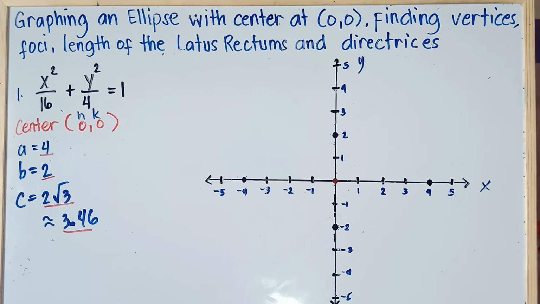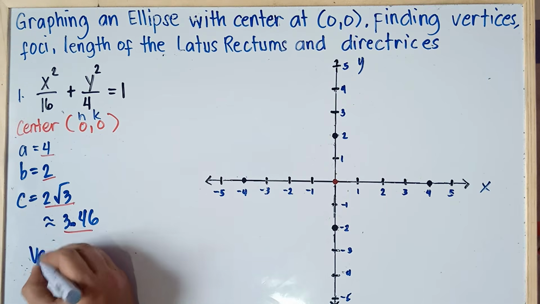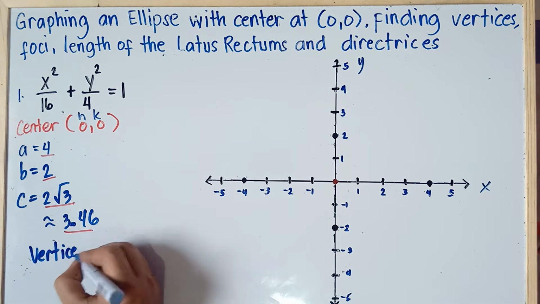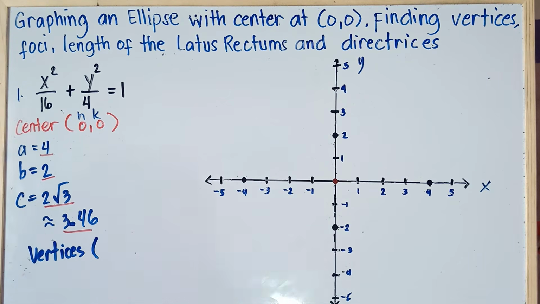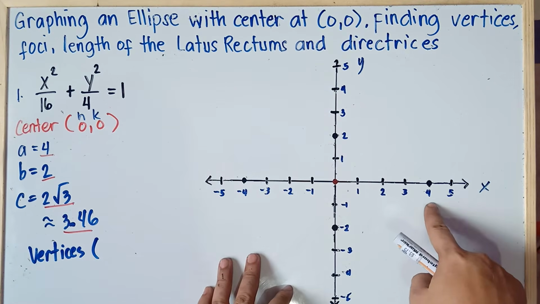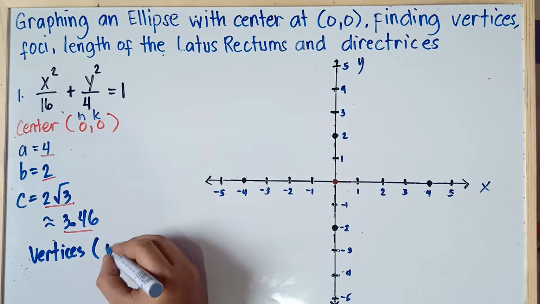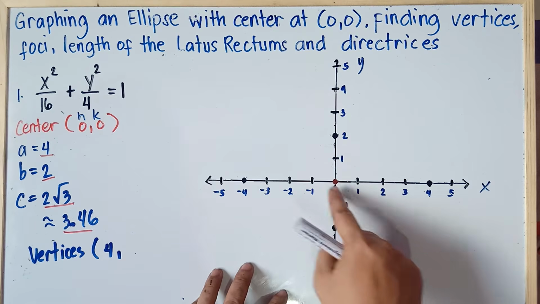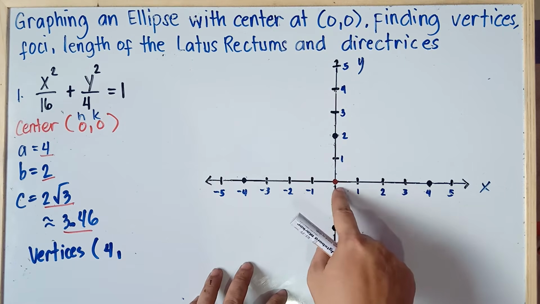So let me just write the vertices, class, for us not to be confused. For the vertices of the major axis, our x is positive 4 and our y, of course, is 0 for the origin.